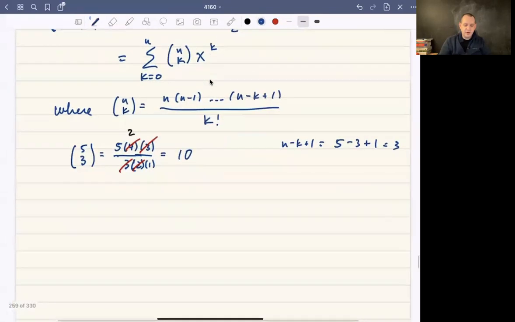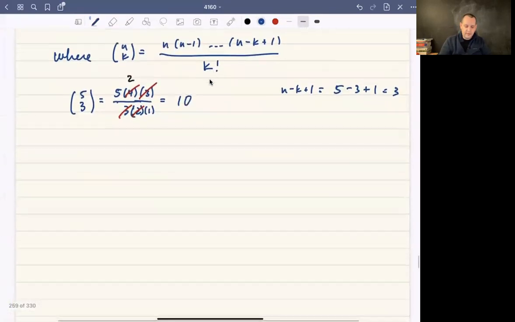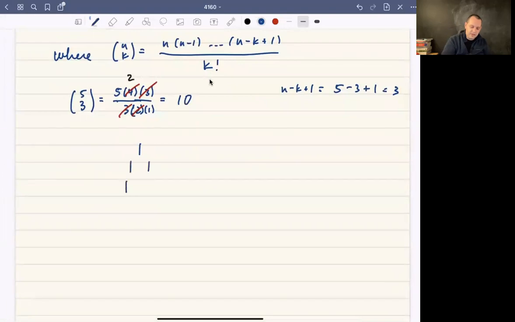Now it turns out what these binomial coefficients really are is the values in Pascal's triangle. What you do in Pascal's triangle is you add up the 2 entries above it. So you get 1s along the diagonal, and you add up the values above it. Everything is super nice. Here we just found 5 choose 3, so you have to go to the 5th row of Pascal's triangle.